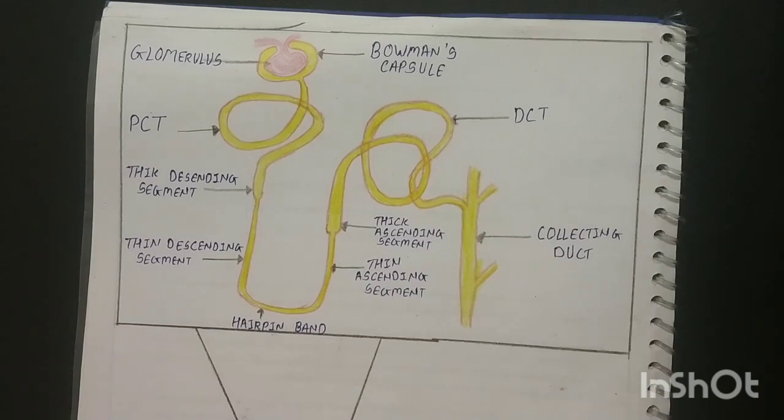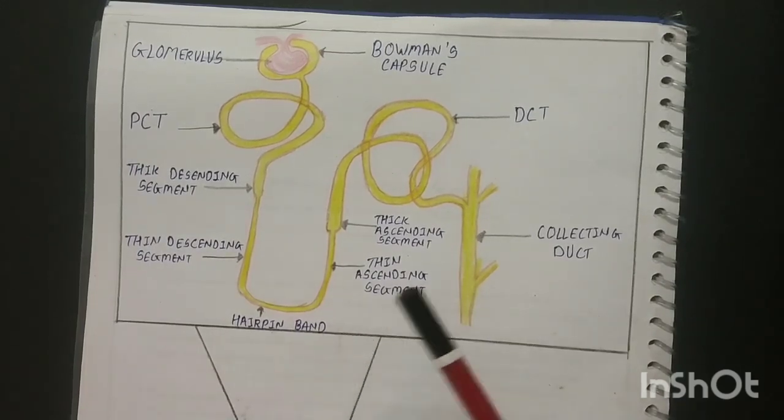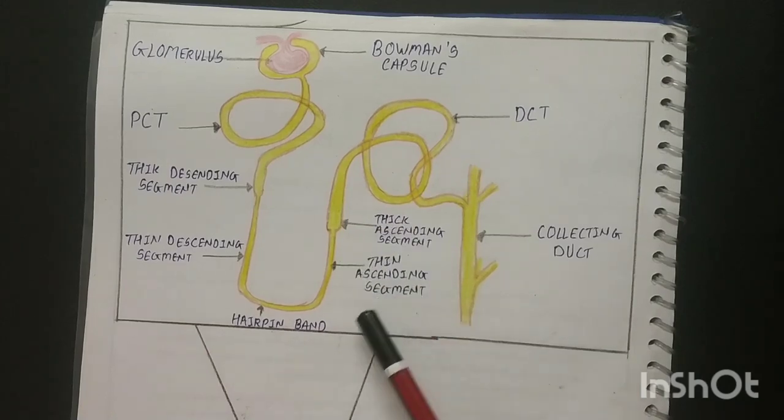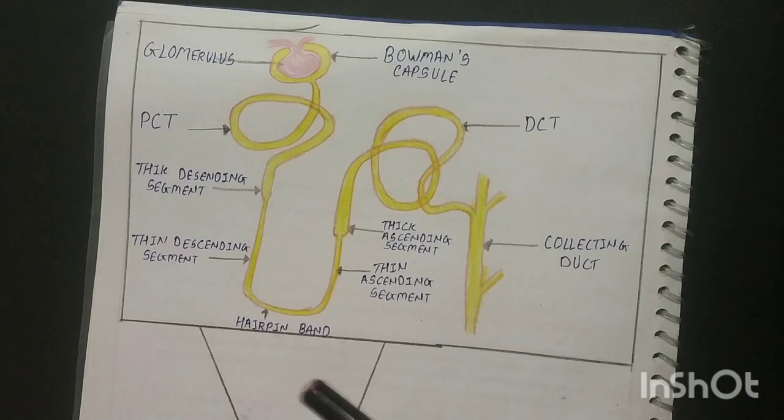I put more focus on this because the nephrons are responsible for the formation of urine, the concentration of urine, secretion of some substances, reabsorption of water and electrolytes, and other very important functions.